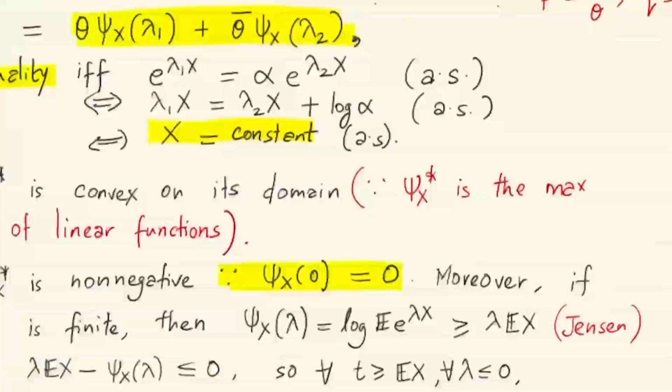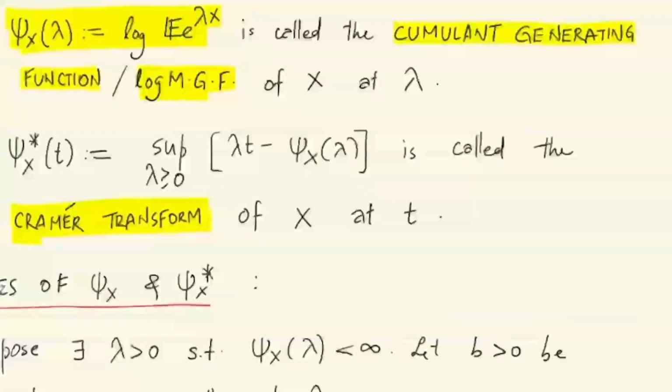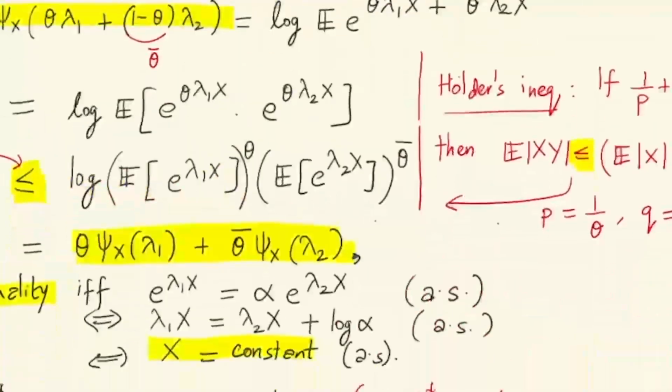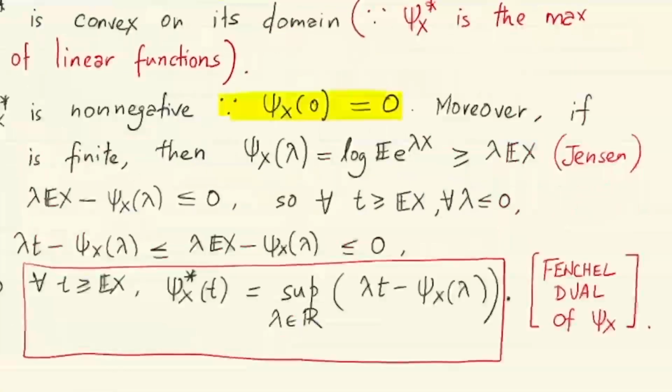If you go to the definition of Cx star again and plug in lambda equal to 0, then one feasible value for this optimization problem is 0 minus Cx of 0, which is 0. So Cx star can only be larger than 0, it can never be smaller than 0. So Cx star is a non-negative function.